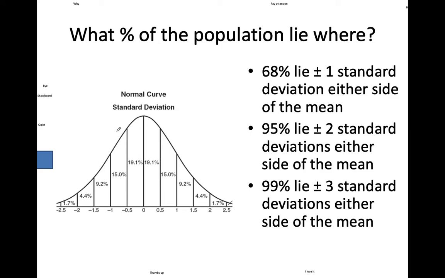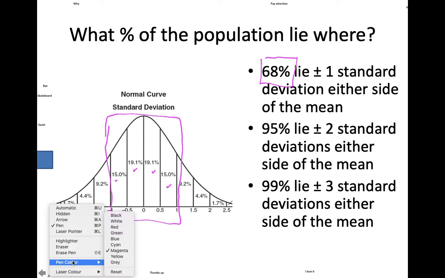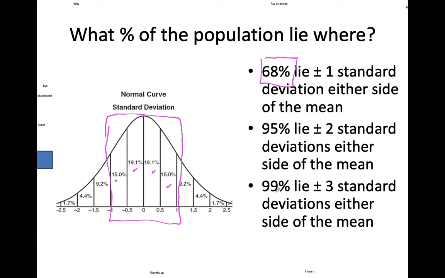This is because we're going to include everything in this pink section. And if you add together these 4 percentages, you can see that these add up to 68%. Now, if we go on to the second part of the question, we're going to say 95% lie plus or minus 2 standard deviations.